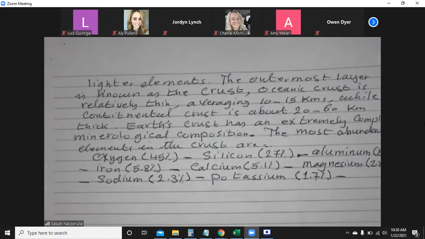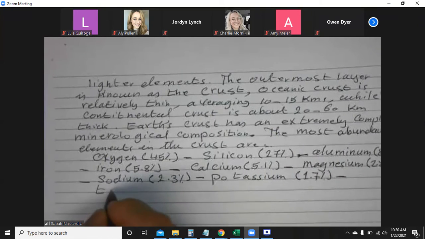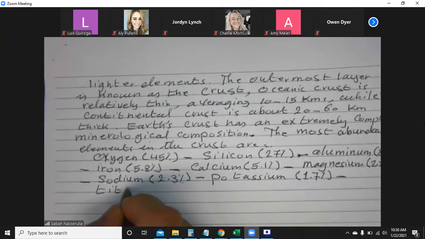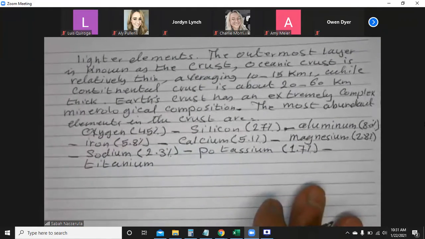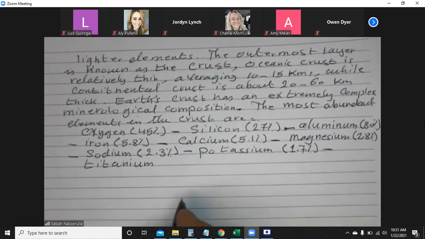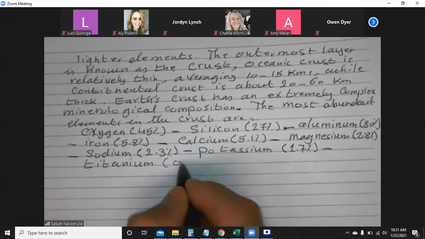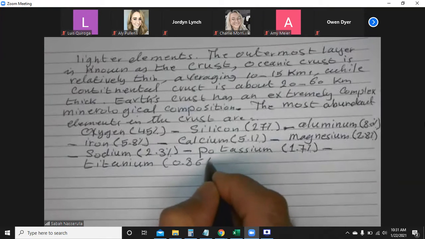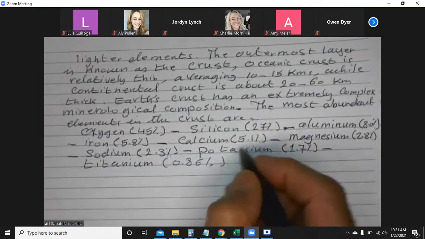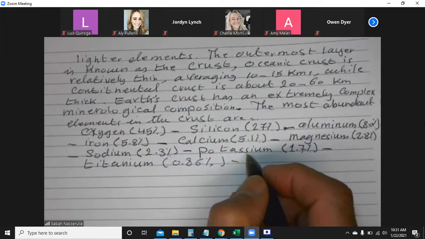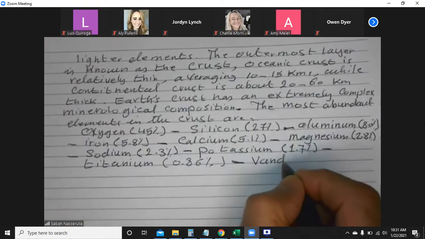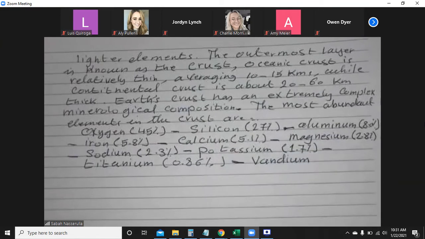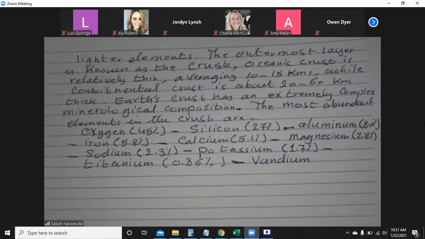And then we have titanium, which is about 0.86%. Then we have an element known as vanadium, which is about 0.17%.